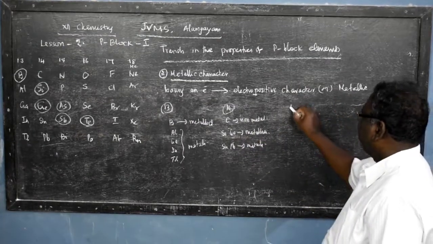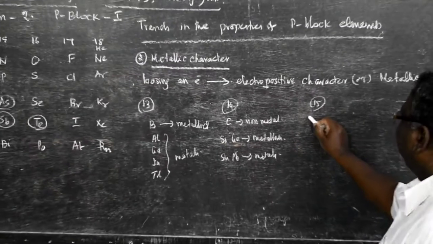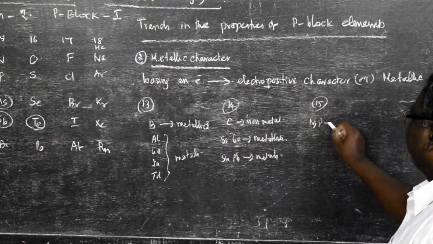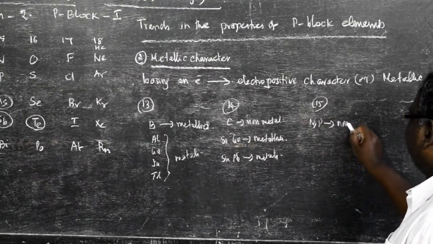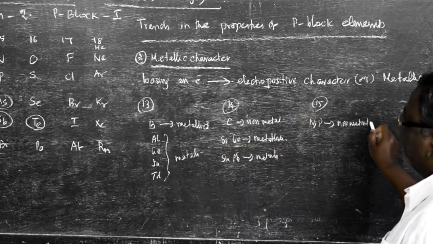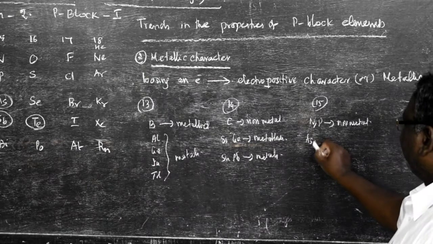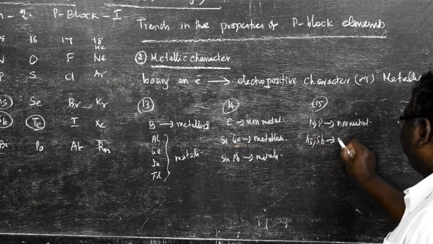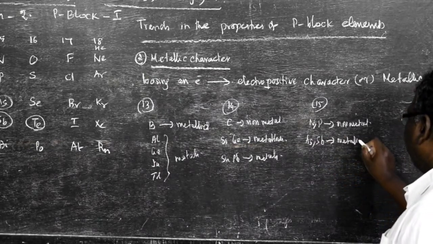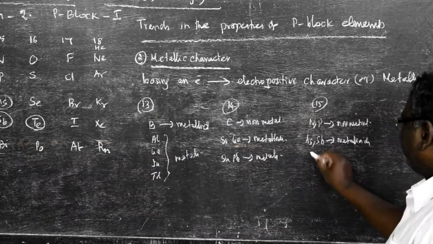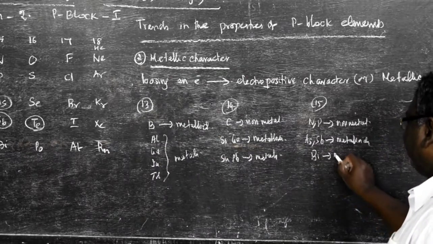Then in the 15th group, oxygen, nitrogen and phosphorus are non-metals, whereas arsenic and antimony are metalloids, and bismuth is the only metal.